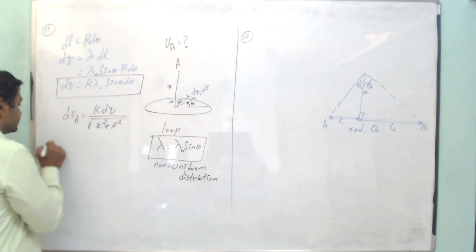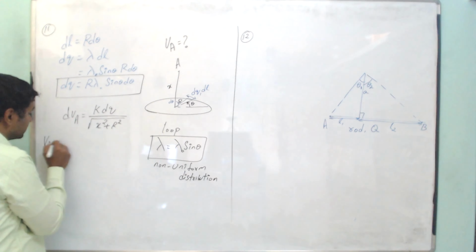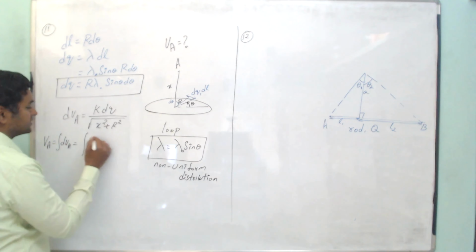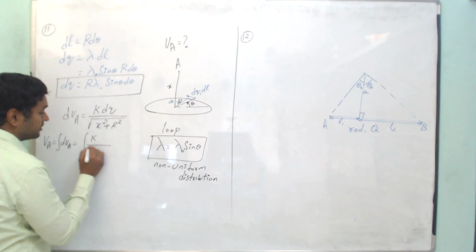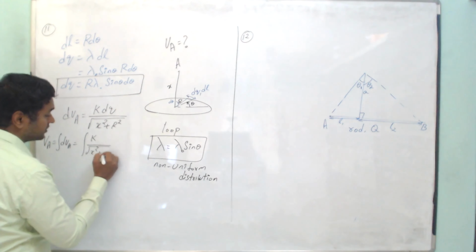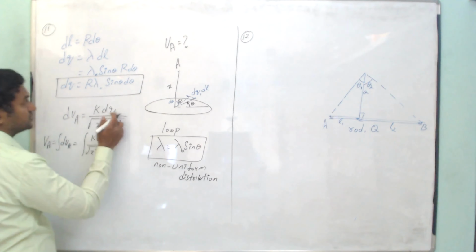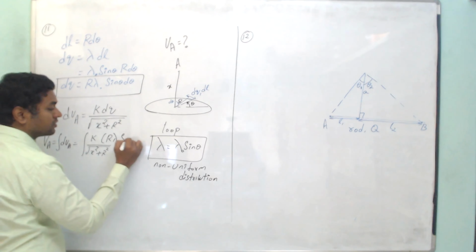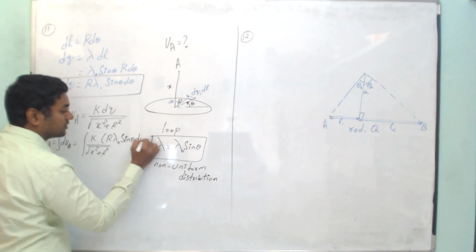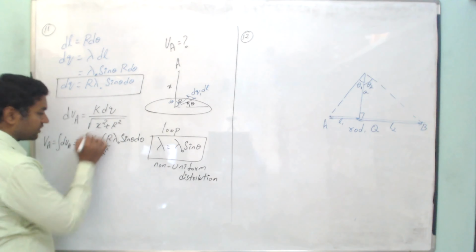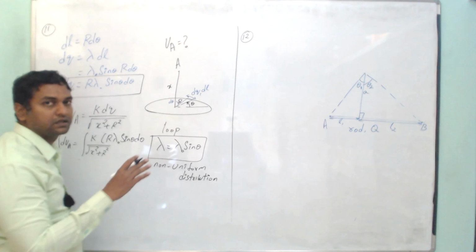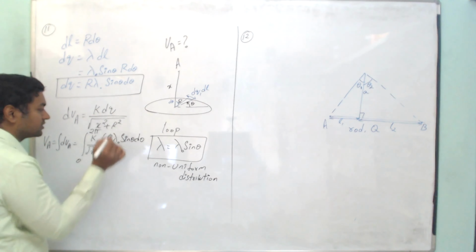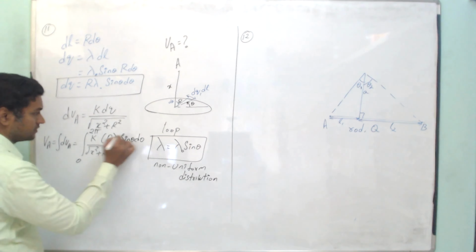So VA is the integral of dVA, which is k by under root of x square plus R square, times the integral of R lambda naught sine theta d theta. The limits of theta are from 0 to 2 pi.